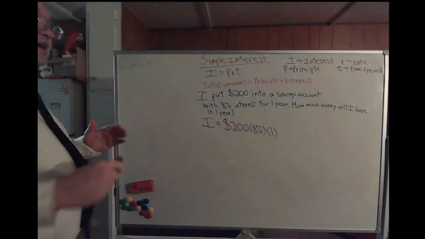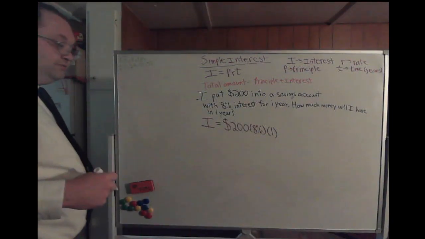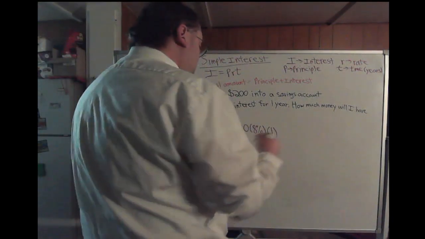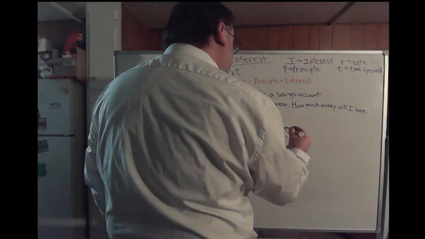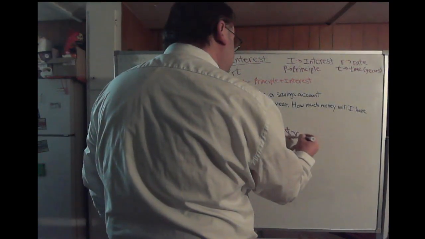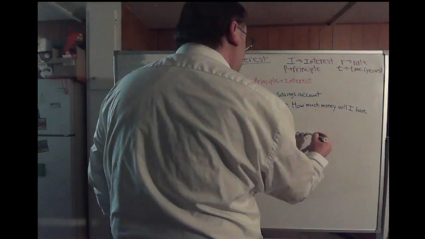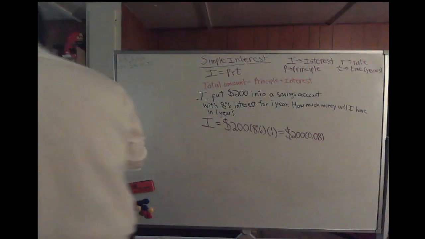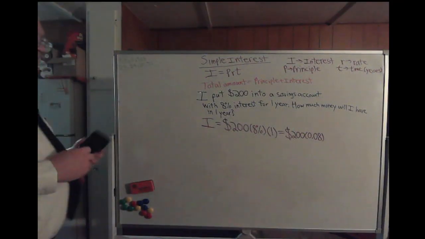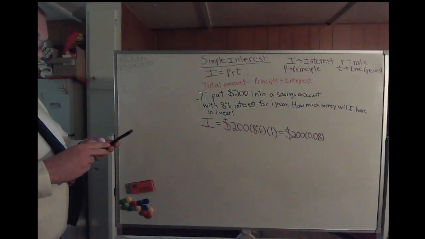So now all you got to do is just kind of plug and play. To simplify this, we know that the 8% is 0.08 as a decimal. So when you go to stick this into your calculator, you'll have 200 times 0.08.